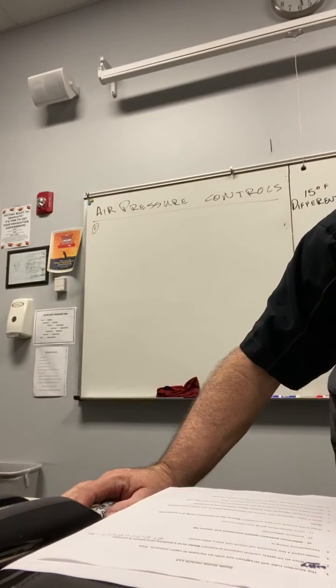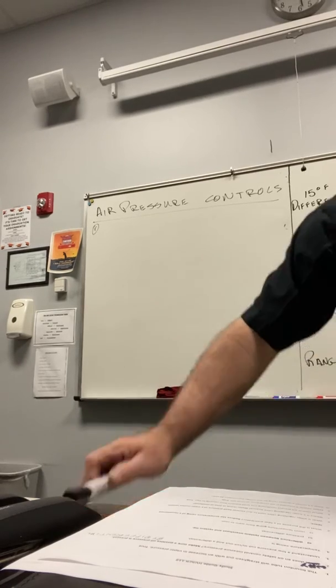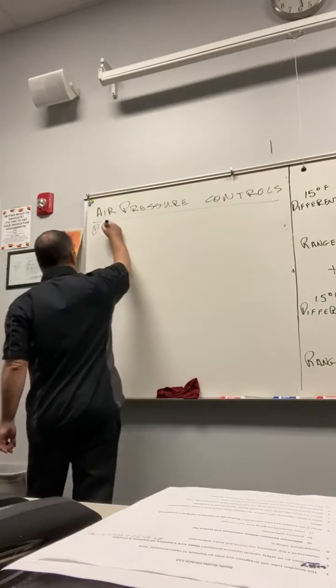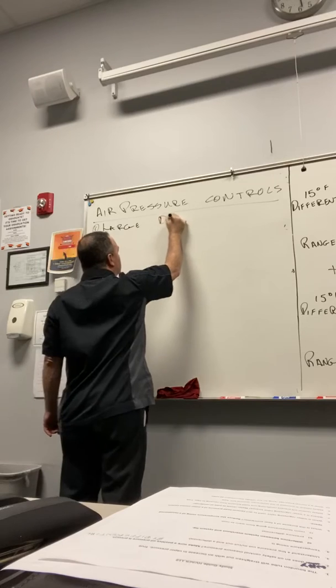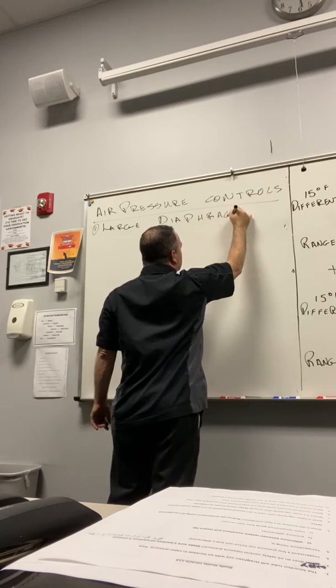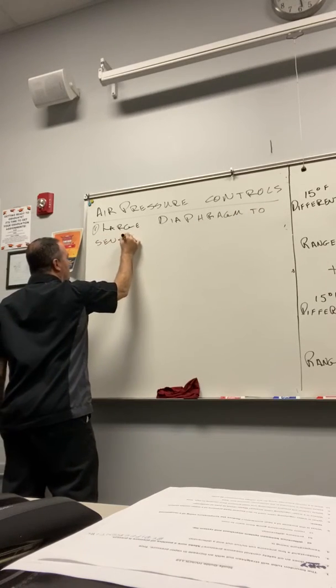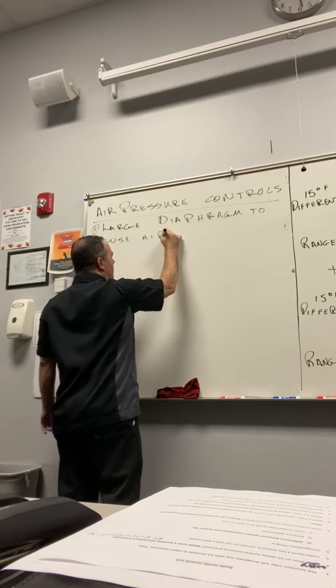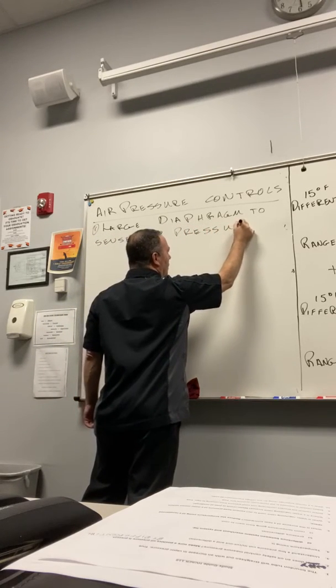Now, what is an air pressure control? These sensors need a large diaphragm to sense very low pressures in the system. Well, you need a large diaphragm. So what would you do if you wanted a control to work?